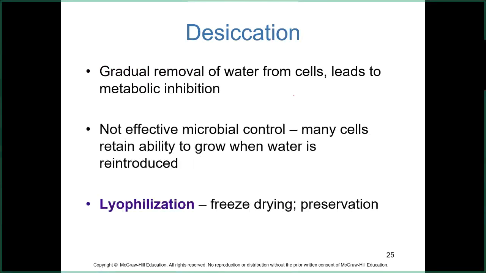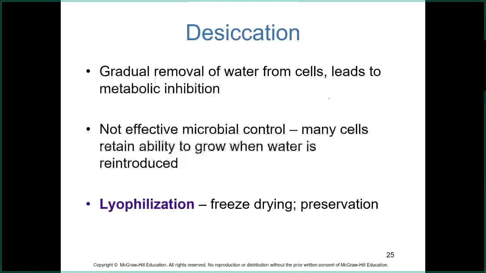But that's implementing desiccation, and like using cold, this only inhibits bacteria. It doesn't kill, it doesn't sterilize or make something antiseptic, but instead it just holds the organisms at one particular level so that they no longer grow beyond that point.